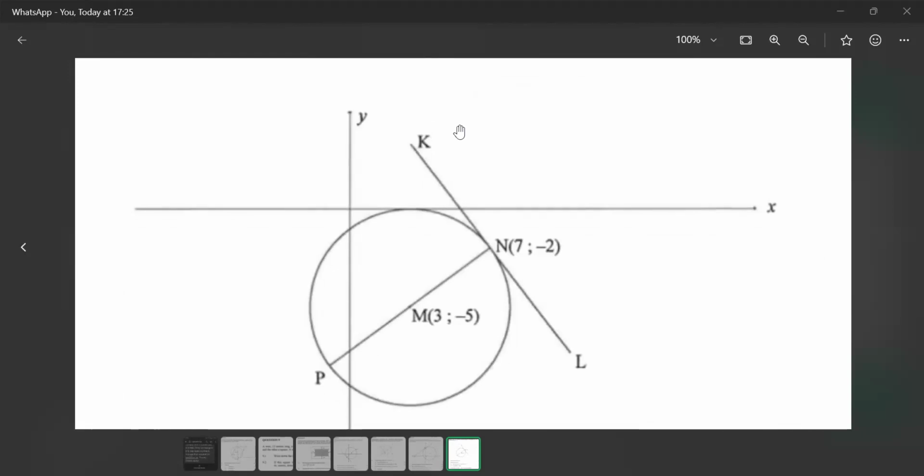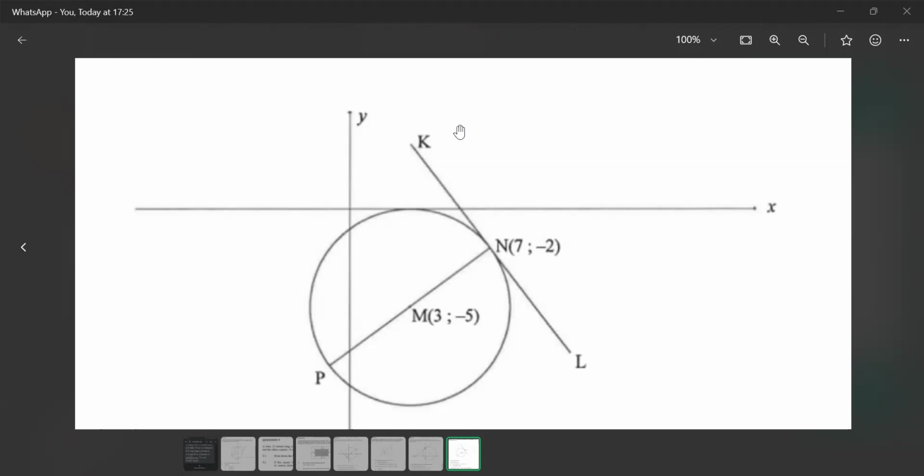So we know that a tangent is just a straight line. And just like any straight line, we need to know the gradient of this tangent. But since we can't find the gradient directly, we need to rely on the radius or the diameter if you like. So we find the gradient of the radius because we understand that the radius is perpendicular to the tangent.